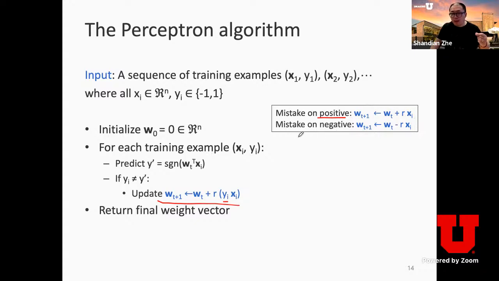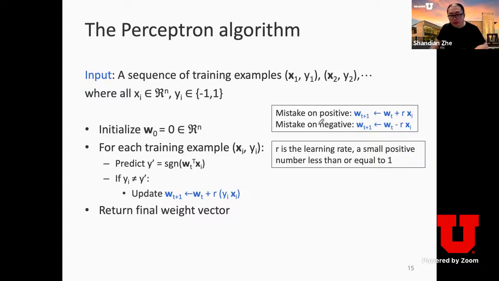On the other hand, suppose you're making a mistake on a negative example, namely the ground truth label is negative, so yi becomes -1. Then the update rule becomes wt subtracted by r multiplied with xi. We're going to look at how those two cases are rational.